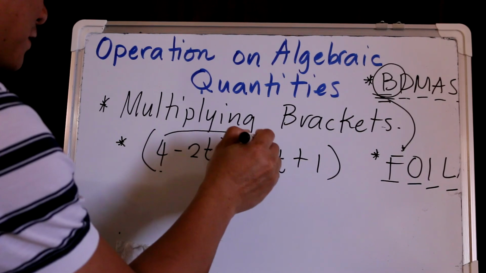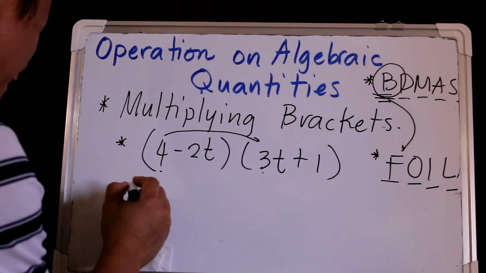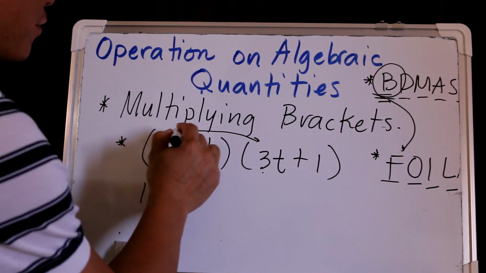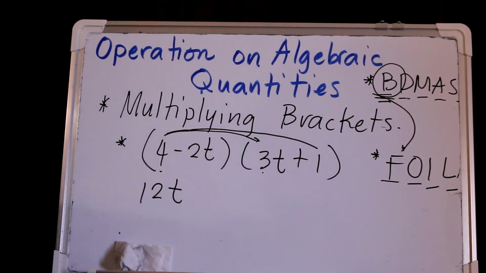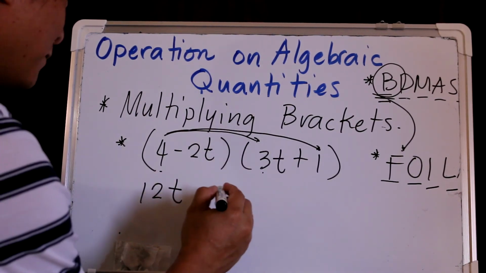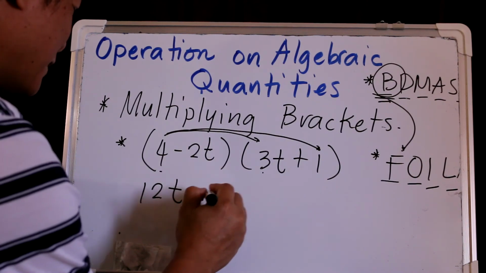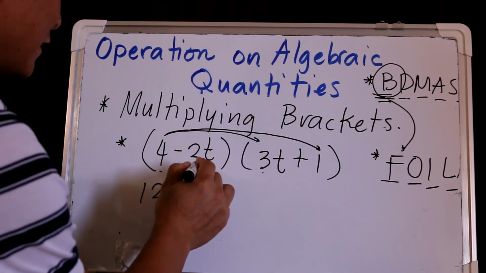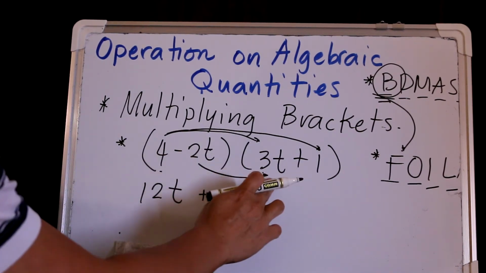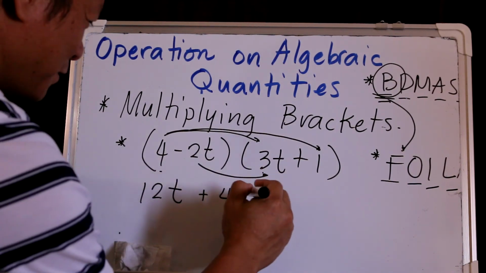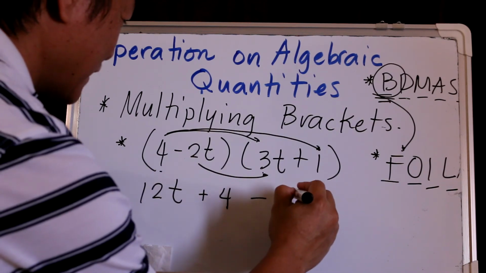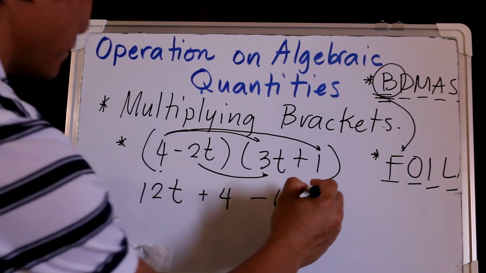Okay, so 4 goes to 3t, which makes 12t. Then 4 goes to 1, so you will have plus 4. Then negative 2t goes to 3t again, which gives you negative 6t to the power of 2.